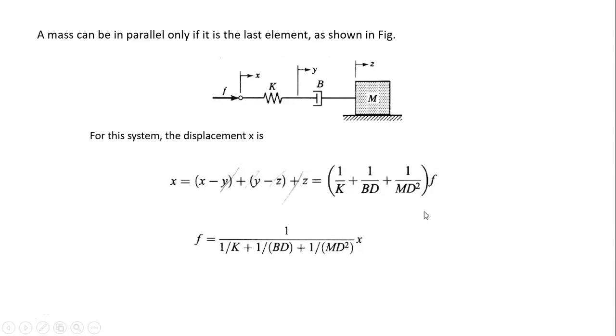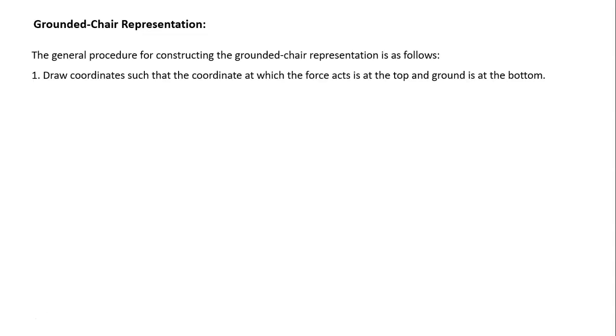Now, next point, grounded chair representation. There are two rules or two steps to draw grounded chair representation. First is draw coordinates such that the coordinate at which the force acts is at the top and ground is at the bottom.